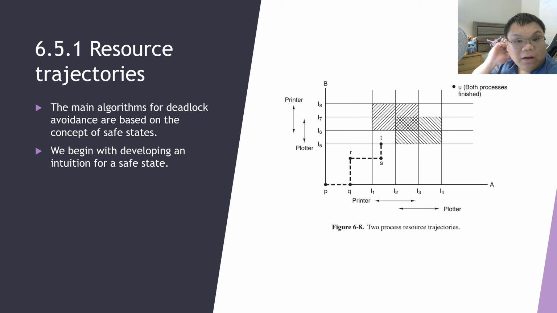If we had two of each resource, then both processes can run at the same time, or rather the CPU can context switch between both of them, and we would not have an issue. But we're assuming we only have one of each resource here. So the shaded region represents where the two processes are using the same resource at the same time, which is impossible.